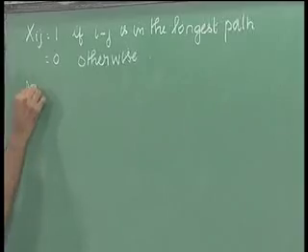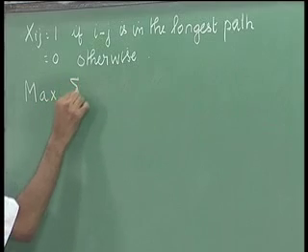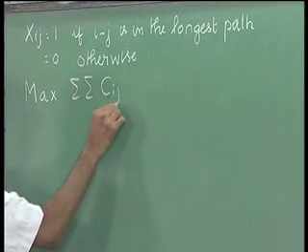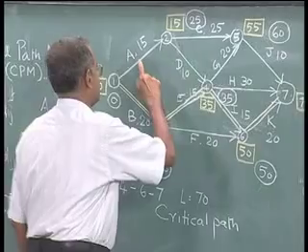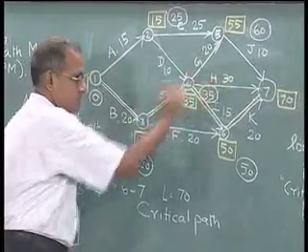So, the objective function will be to maximize sigma Cij Xij, where Cij stands for these durations.